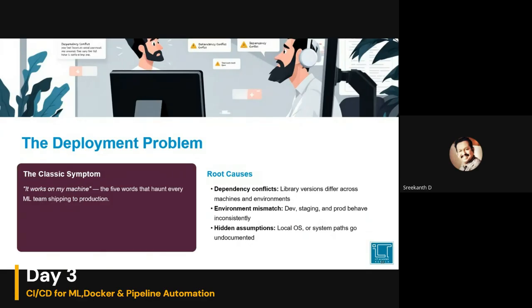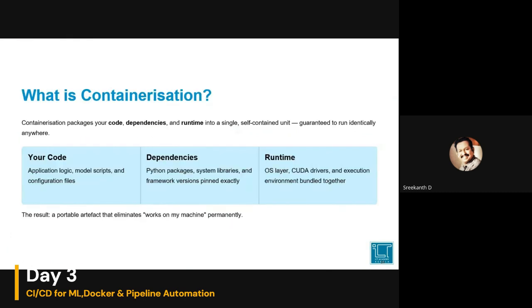Especially in the scenario of ML, very frequently we hear this. Different operating system, different dependency, applications, different library versions, and deploying GPU models, everything is different, right? So see what containerization is here.